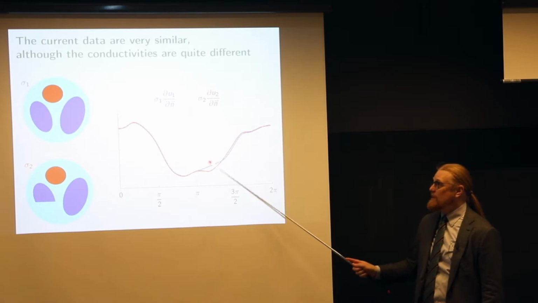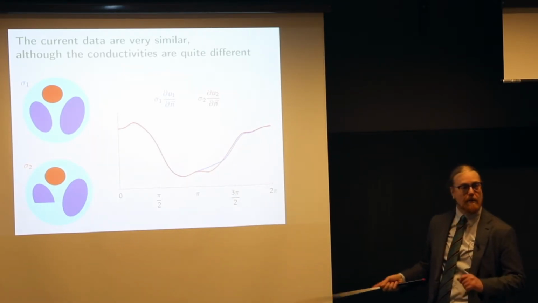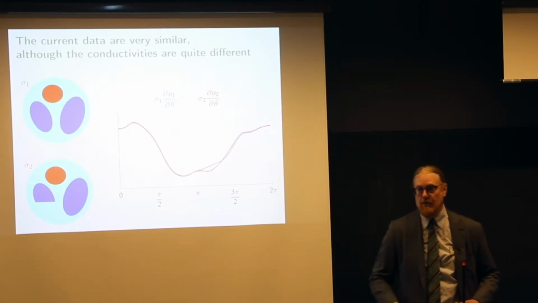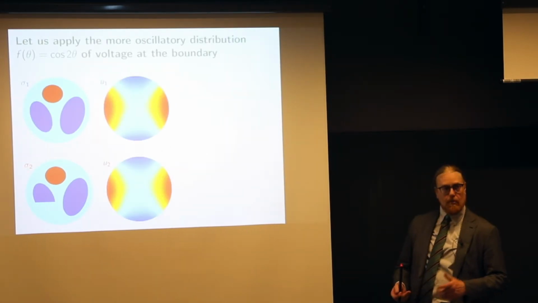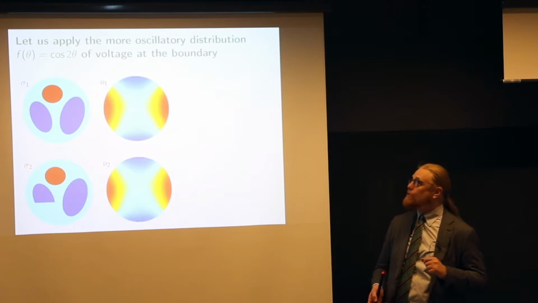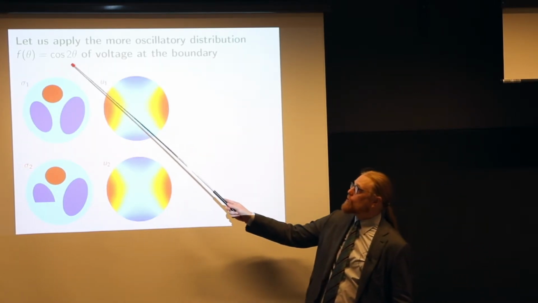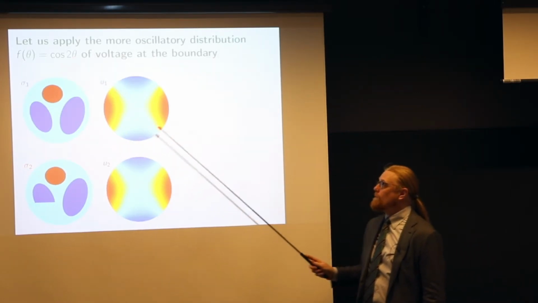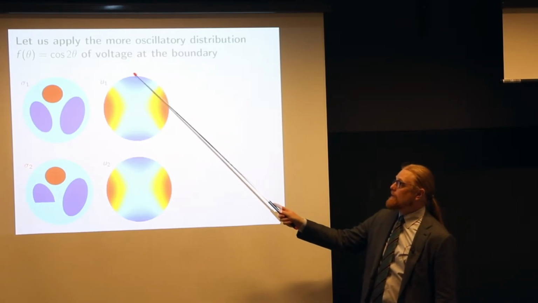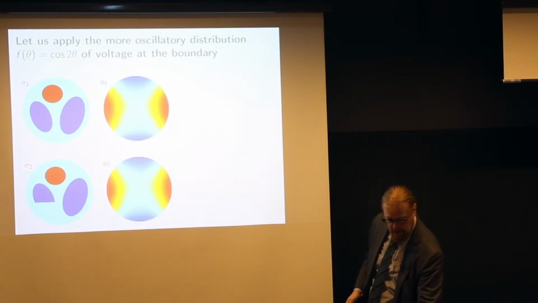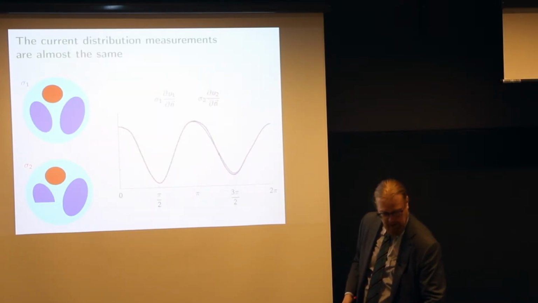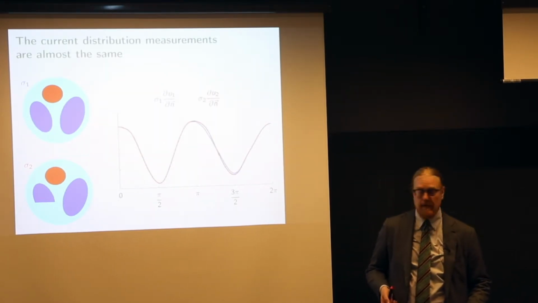So in that area we see that the measurements don't quite overlap, which is only natural, of course. Then we could apply a different voltage. Remember, we apply different patterns. So here I'm applying cosine 2 theta, a little bit more oscillatory. So it has maxima and minima like this. Again, we get different measurements, but not very different.